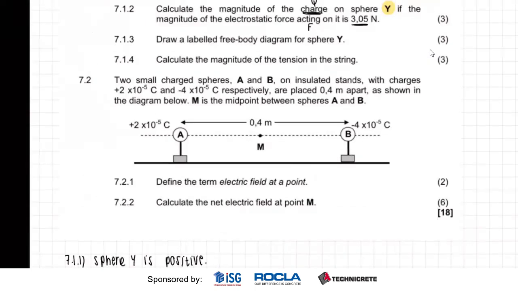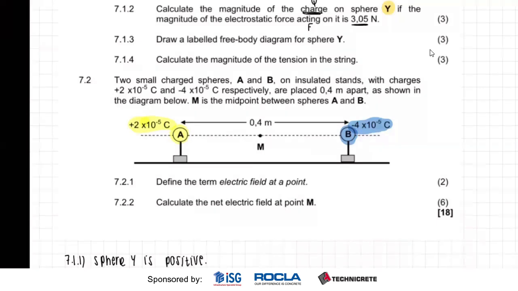We are told that we've got two small charged spheres, A and B, on insulated stands with charges 2 times 10 to the negative 5 coulombs for A, as shown on the diagram, and negative 4 times 10 to the negative 5 coulombs for B. They are placed 0.4 meters apart, and M is the midpoint between spheres A and B.